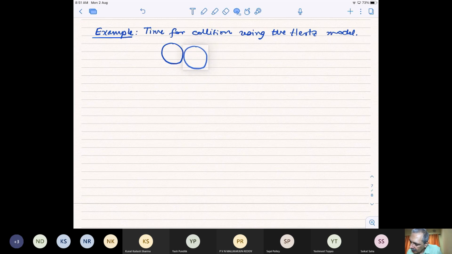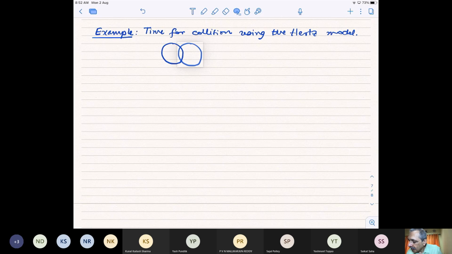So what happens is that this particle is going to move, and then when it touches, the particles will start deforming, and then it will keep on deforming until the force becomes large enough. As it deforms, the velocity reduces and then it goes to the maximum deformation and zero velocity.